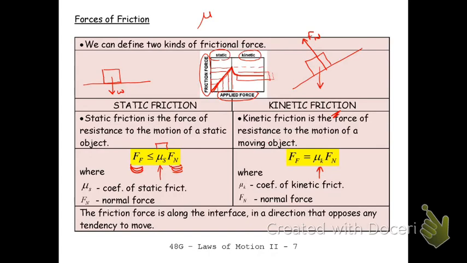What engineers are looking for are things with very high coefficients of friction, because they're very friction filled, and things with very low coefficients of friction because they're very smooth. The problem you run into is that this is the art of engineering.